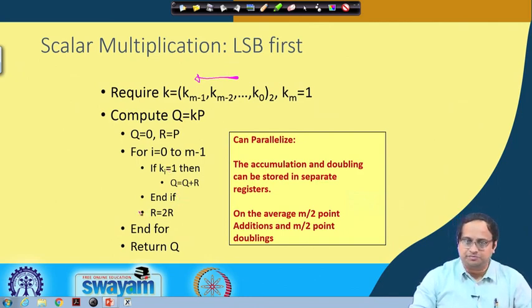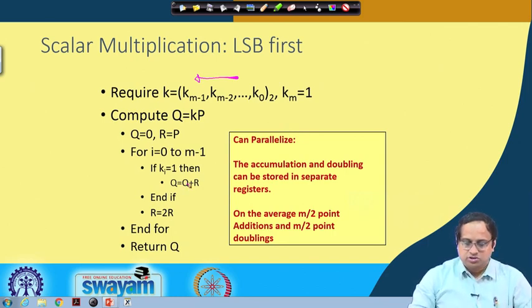This is exactly similar to the previous one. I am always doing a doubling, but the doubling is done in the register R, while the addition is done in the register Q in a conditional way. That means only if your secret bit is 1 are you doing the addition operation.